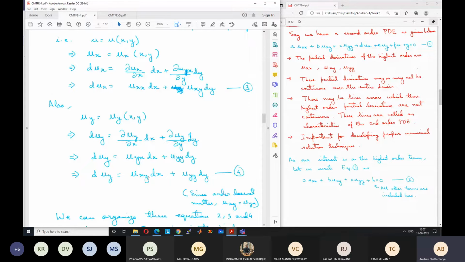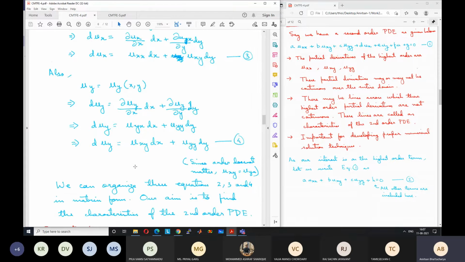Because uyx and uxy will be the same, since order of the derivative does not matter, duy can also be written as uxy dx plus uyy dy. Let us call this equation 4.